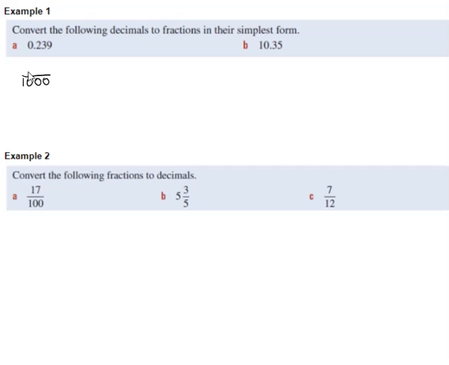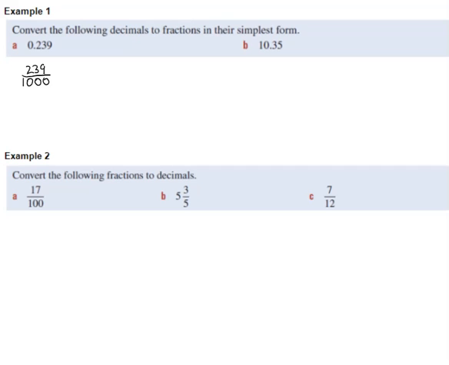So we have 239 over 1,000. Now, can we simplify that? I am not too sure about that, but if you happen to get your calculators out and typed it into your calculator, we could just do it very quickly without using our brains too much.